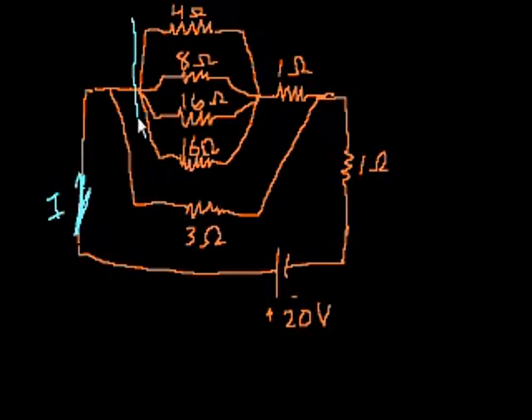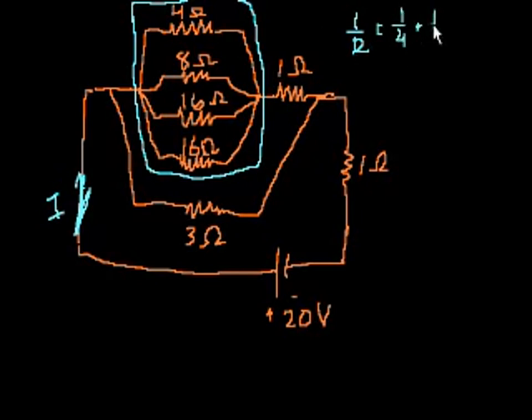Let's see if we could figure out the equivalent resistance of these 4 resistors in parallel. Well, we know that 1 over R is equal to 1 over 4 plus 1 over 8 plus 1 over 16 plus 1 over 16.